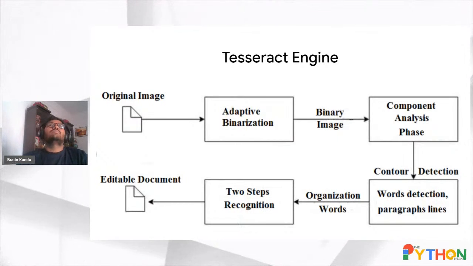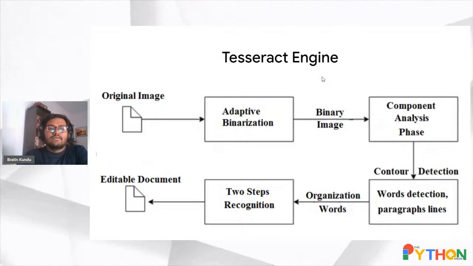But later on, near about 2005 or 2006, Google developed its own Tesseract engine, which works under an algorithm and neural network architecture called LSTM, that is long short term memory. So this was all about the Tesseract engine.